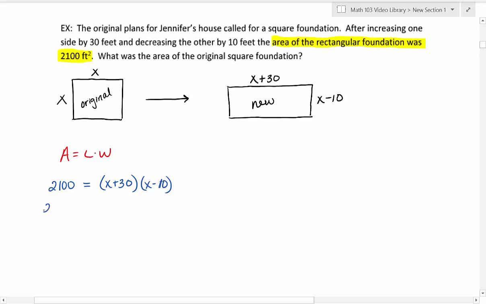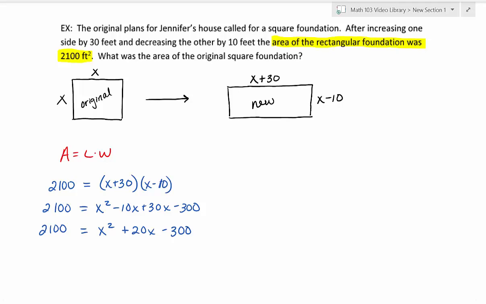We'll start by multiplying out the right-hand side. That'll be x squared minus 10x plus 30x minus 300. Combining like terms, we get 2,100 equals x squared plus 20x minus 300. We see that we have a quadratic equation that has a quadratic term, a linear term, and a constant.